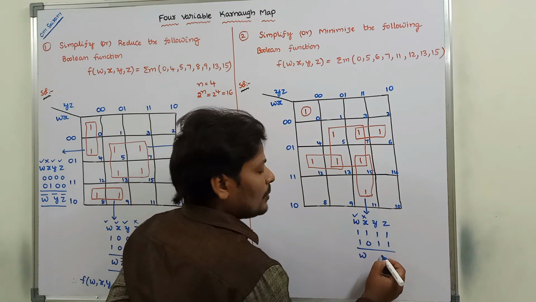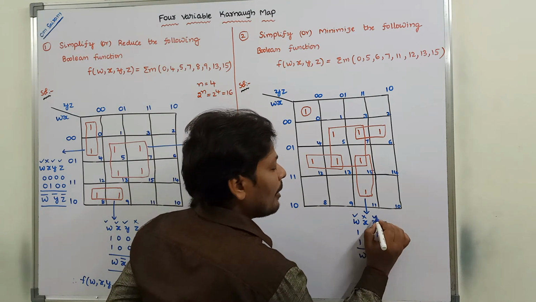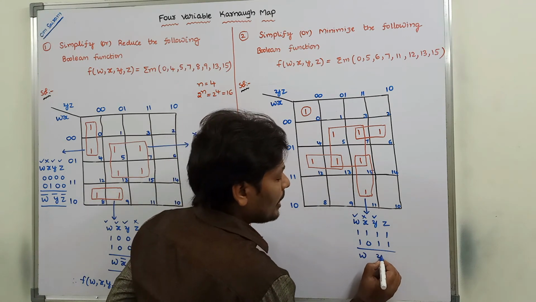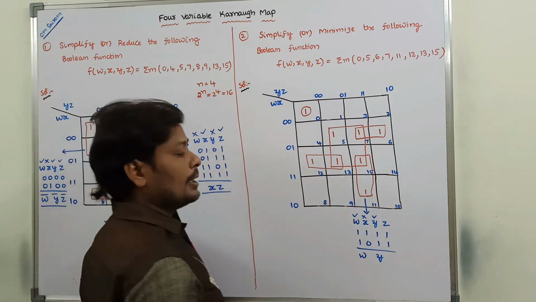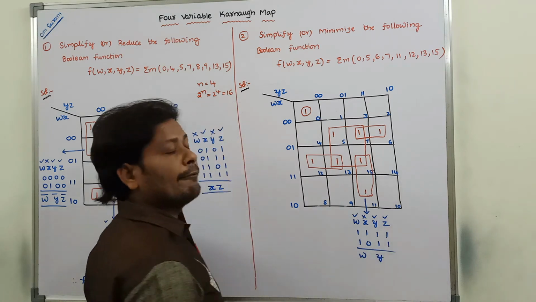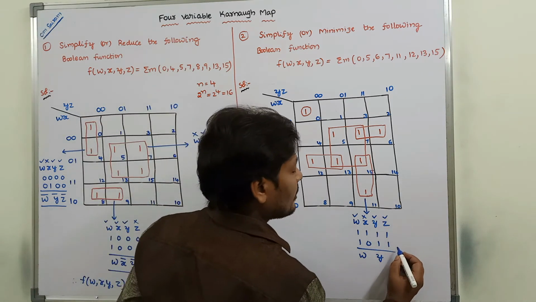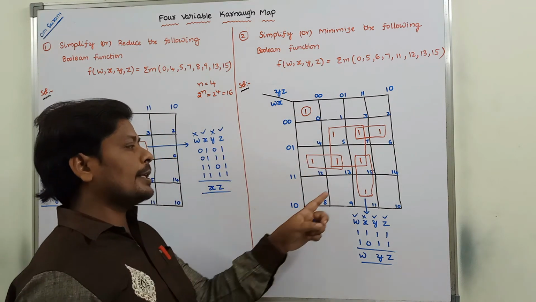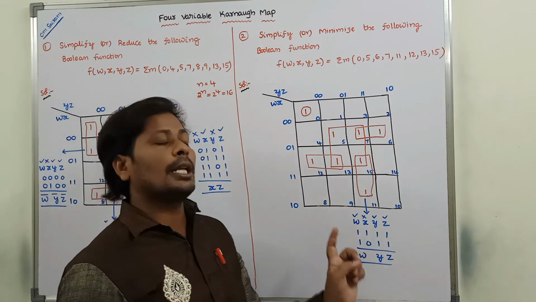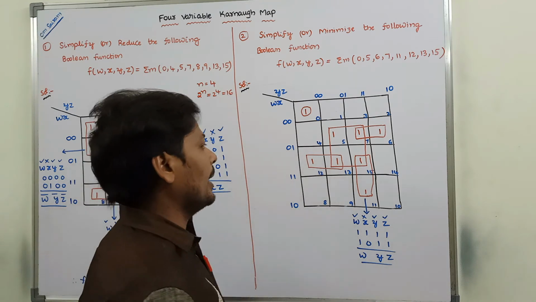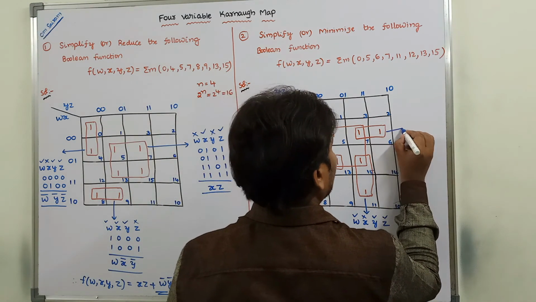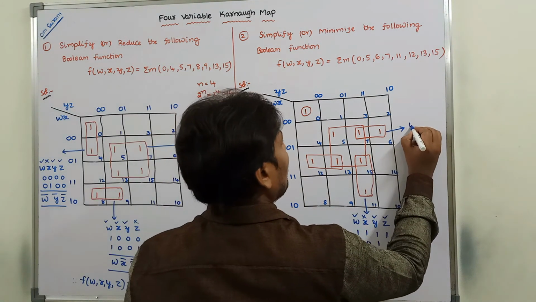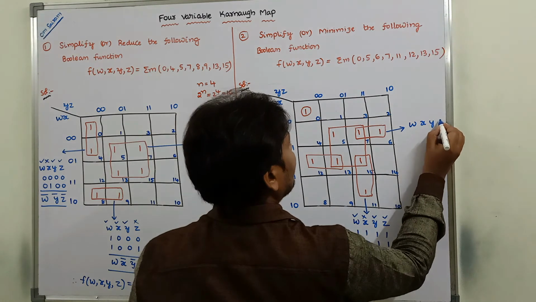Under the Y column only ones, so Y. Under the Z column only ones, so Z. So for this pair, the expression we are getting is W Y Z. Okay. Next, for this pair, W, X, Y, Z.